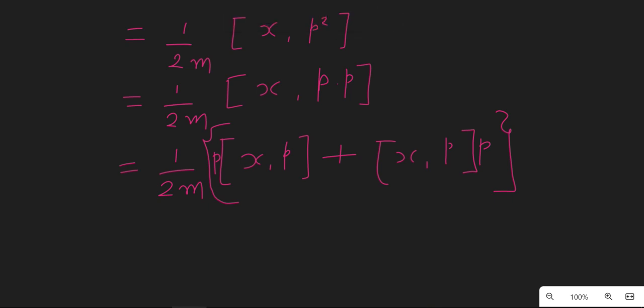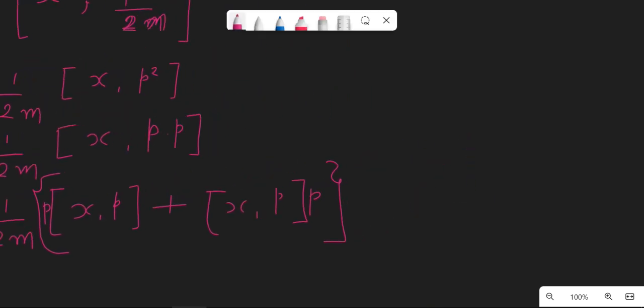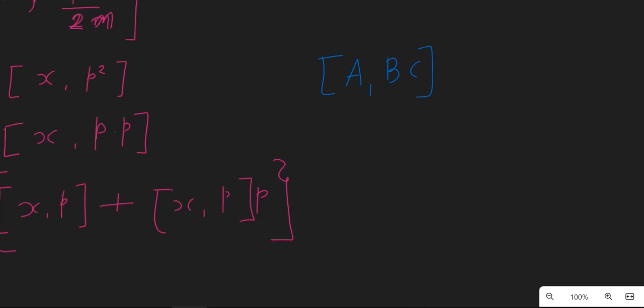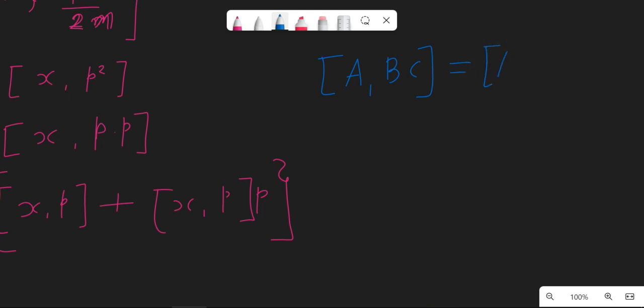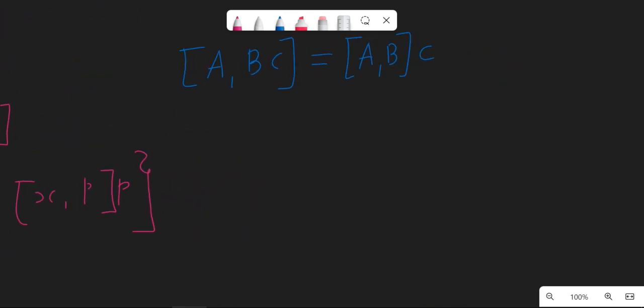This is nothing but the relation you know: if you have commutator of a with bc, you can write this as commutator of a comma b with c outside, plus b outside with commutator of a comma c.